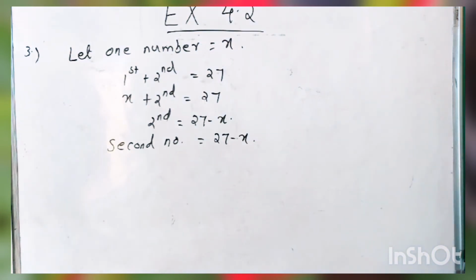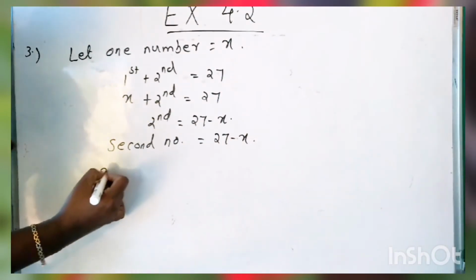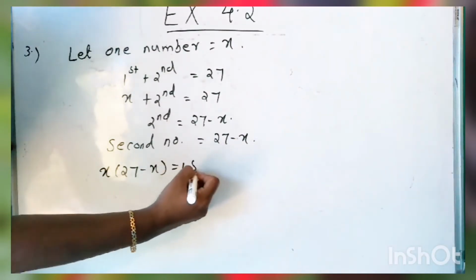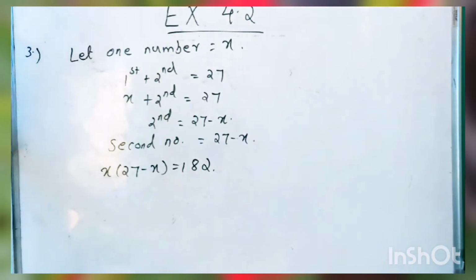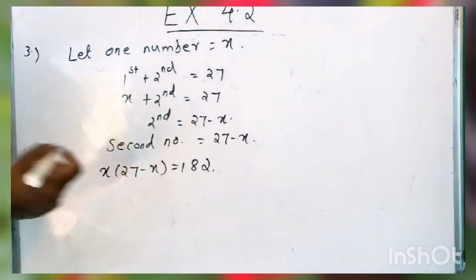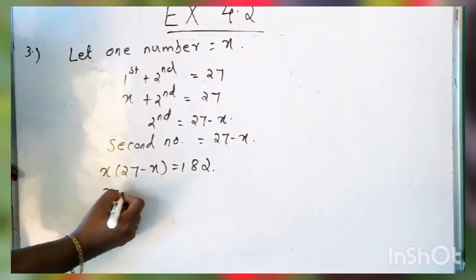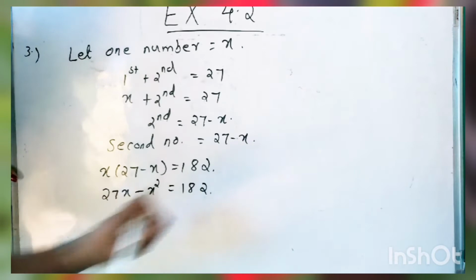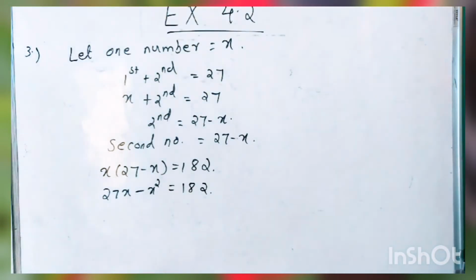And the given information is the product of these two numbers is equal to 182. What is the product? X into 27 minus x is equal to 182. Now just open this bracket. Then 27x minus x square is equal to 182.